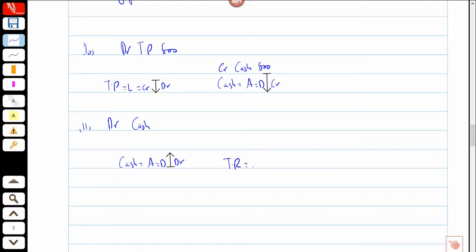Remember, it is an asset. When we give money to someone, it decreases our liability; when we receive money from someone, it decreases our asset. Yeah? So that is debit. Decrease of that is credit. So credit, trade receivables. How much is it? 700. One asset increases, another decreases.